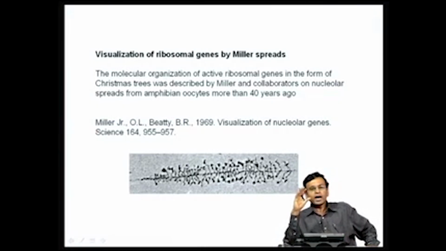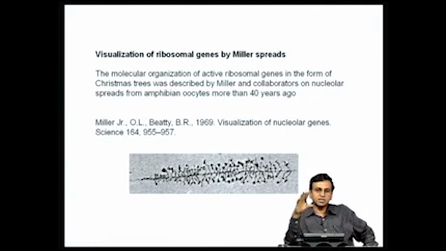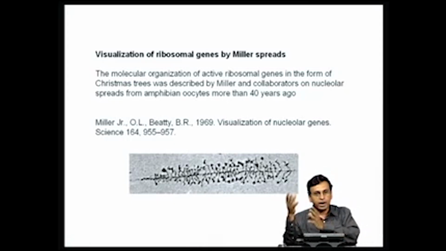So, what I have done in this particular class is to describe in detail the organization of ribosomal DNA genes, the mechanism by which ribosomal DNA genes are transcribed, as well as the regulation of ribosomal DNA transcription. And I made it a point to emphasize that ribosomal DNA transcription plays a very important role, because unless there are ribosomes, cells cannot make proteins.